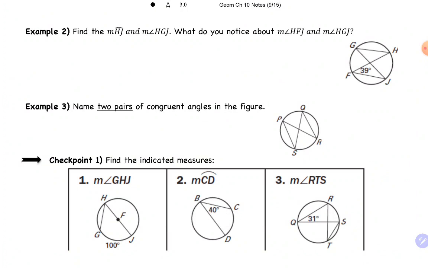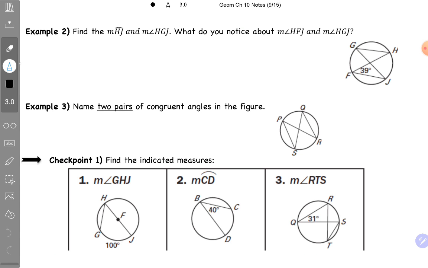Find the measure of HJ, measure of angle HGJ. What did you notice about these two angles? Okay, so measure of arc HJ. So I'm going to draw this here, blue.